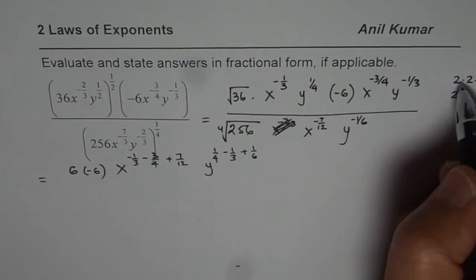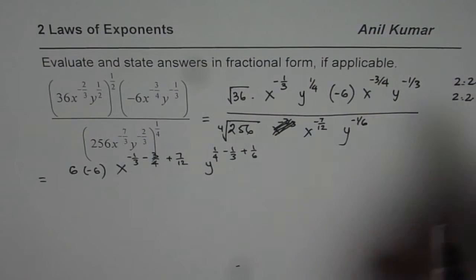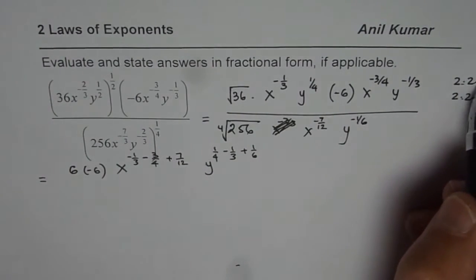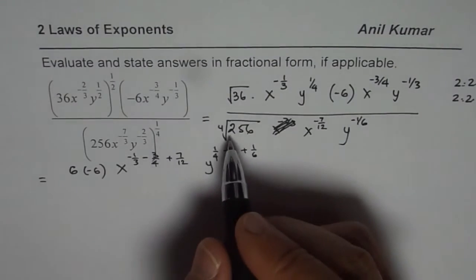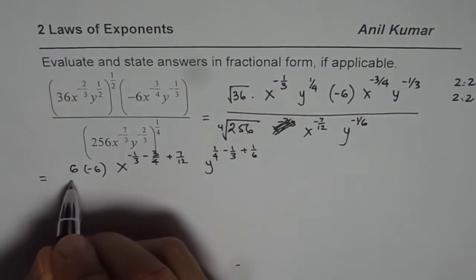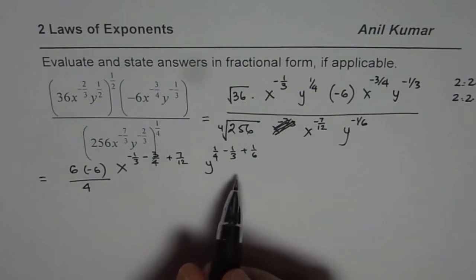So many, right? 1, 2, 3, 4, 5, 6, 7, 8. So 2 to the power of 8 is 256, correct? Or you can say 4 to the power of 4, correct? So the 4th root of 256 is the number 4. So we have to divide this by the number 4, right? So that is how you can write this.